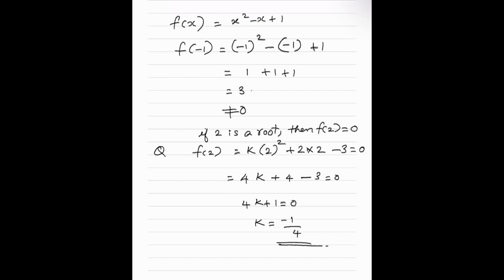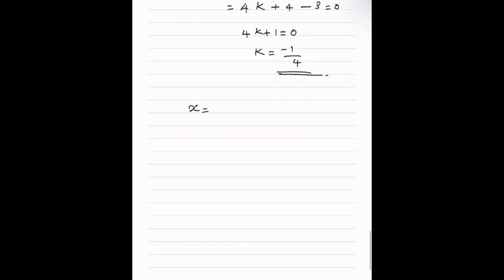See, the difference is, when they say it is a root or some value is a solution for x, that means you have x equal to 2, or 2 is a value that they are giving. Here 2 is the root, or we can say one of the solutions.